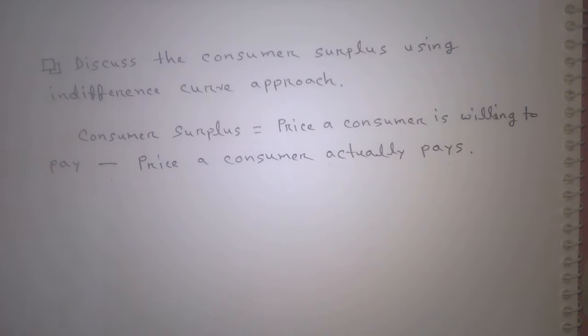So you're happy. You paid 40 taka, but you were willing to pay 50 taka. So now, after paying that amount, you have 10 taka in your pocket. And that's the excess amount you have left. And this is what we call consumer surplus.